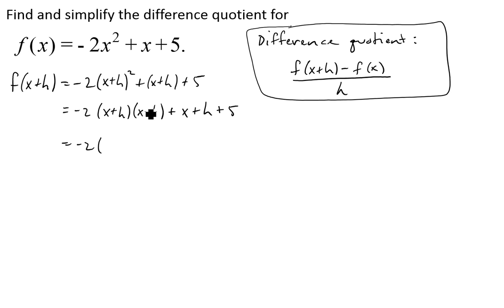So we get x squared. I do the outside terms, I get plus xh. The inside terms would also give me plus hx, or xh. So I get 2xh there. And my last terms would be plus h squared.